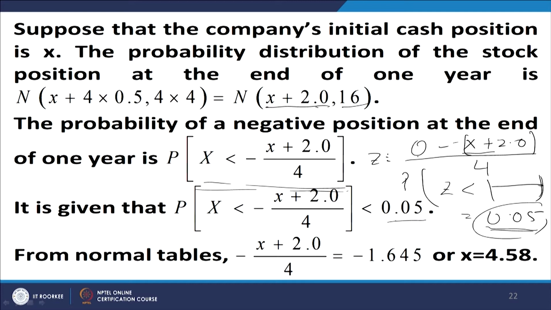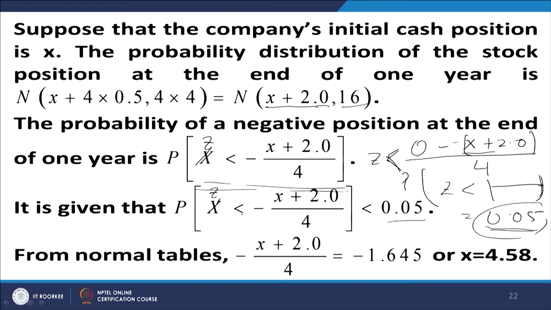So, we want the cash balance to be 0 or negative. So, z must be less than 0 minus the mean, but we are given that the probability of z being less than this quantity should be less than 5%.